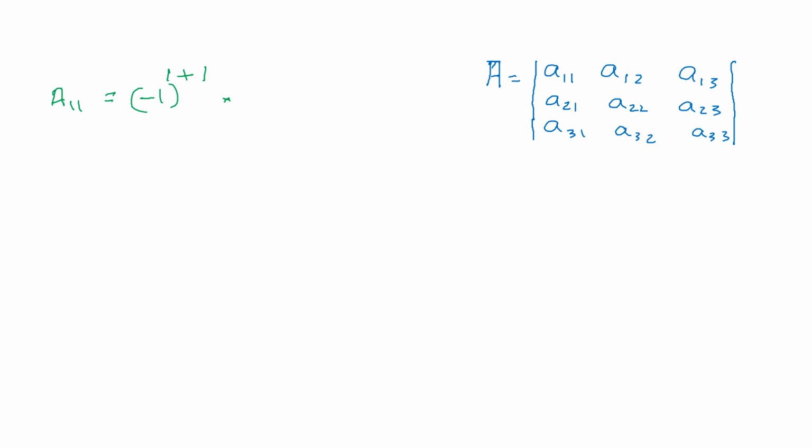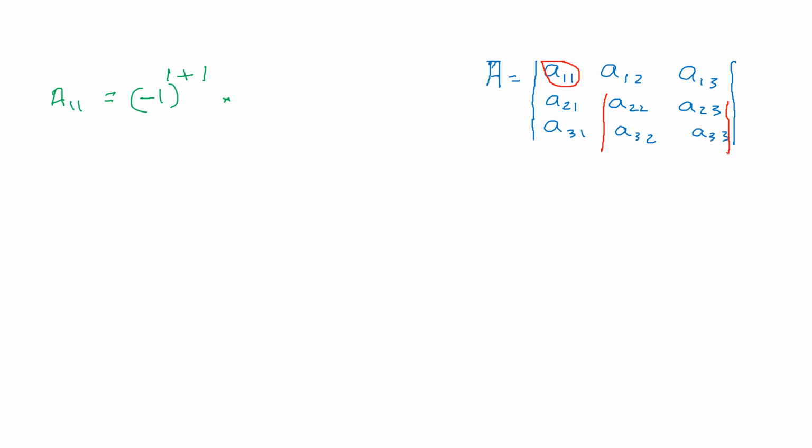So how to find the minor of A11? See here, we want to find the minor of A11. This is A11, correct? Its minor is this one. You have to exclude the row containing A11 and the column containing A11. So excluding that, the other four elements are A22, A23, A32, A33.